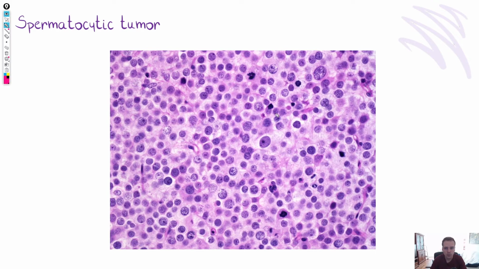You can see small cells that are dark and they resemble lymphocytes. Then you will have, let's say, middle-sized cells with brighter nuclei. And then you will have really large cells, which can also be multinucleated. And all those cells represent different stages of spermatogenesis.